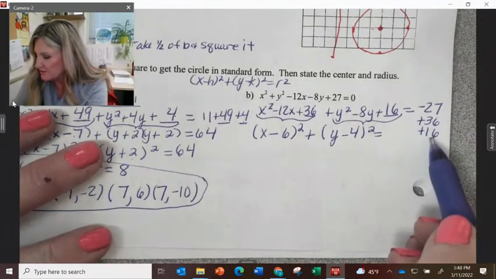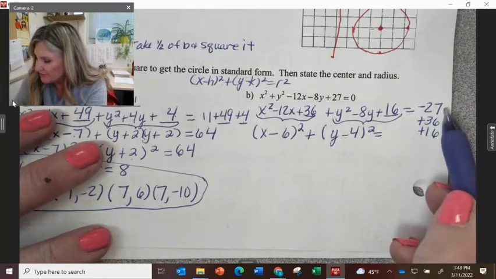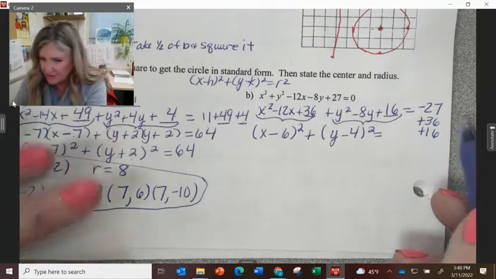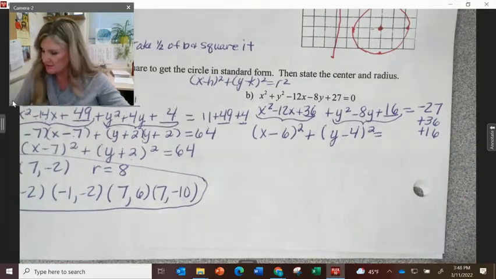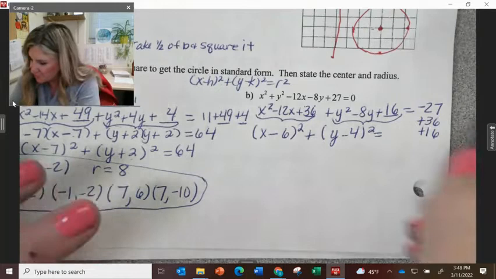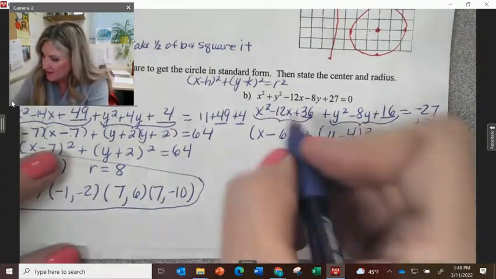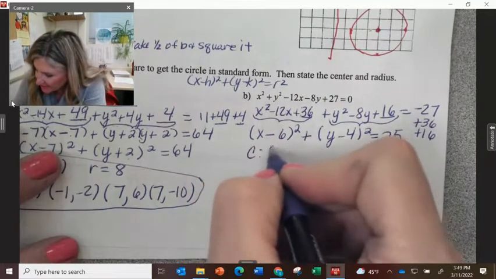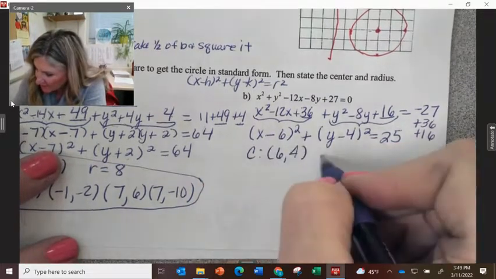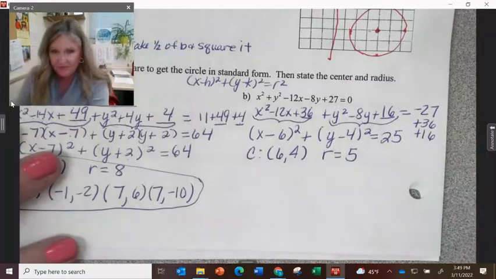Well, let's see, 36 and 16 is 52. 52 minus 27 is 25, right? So we got 25 there. So now our center is going to be at 6, 4. Our radius is going to be 5.